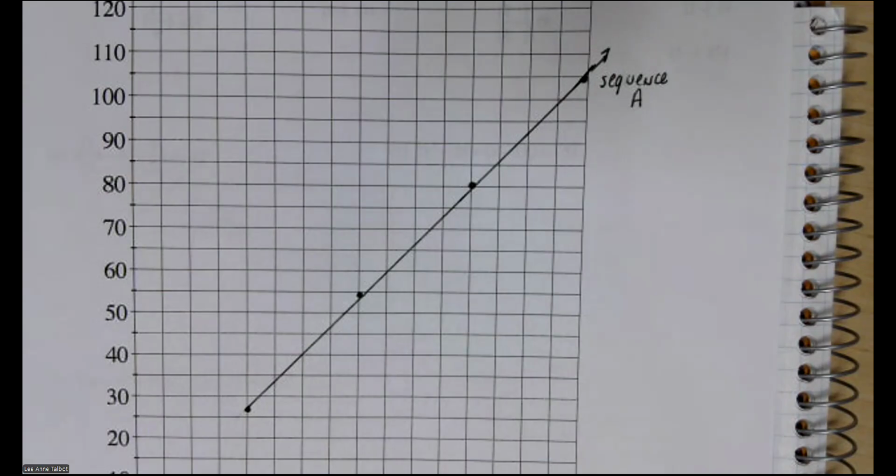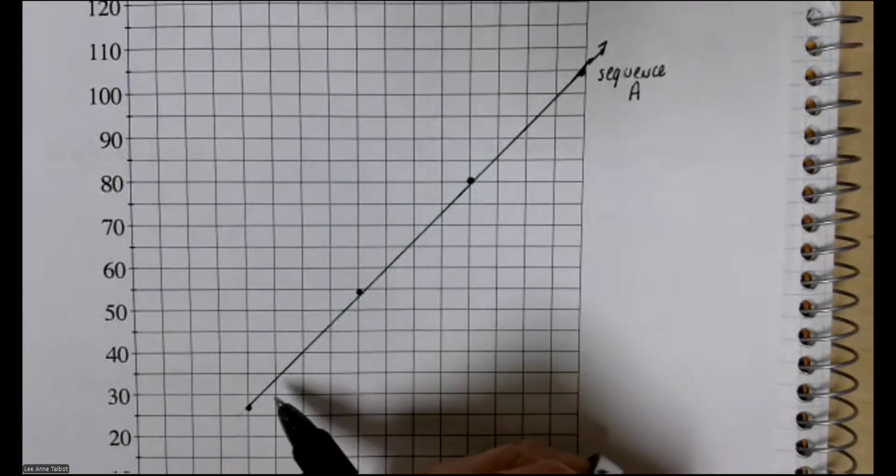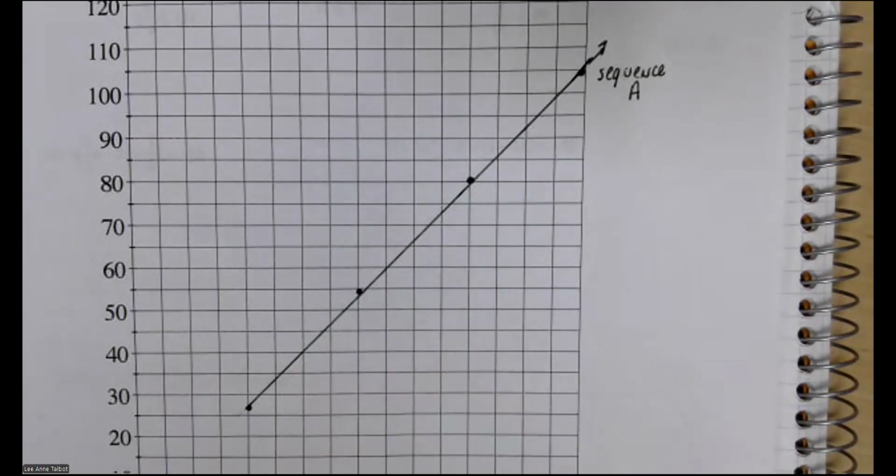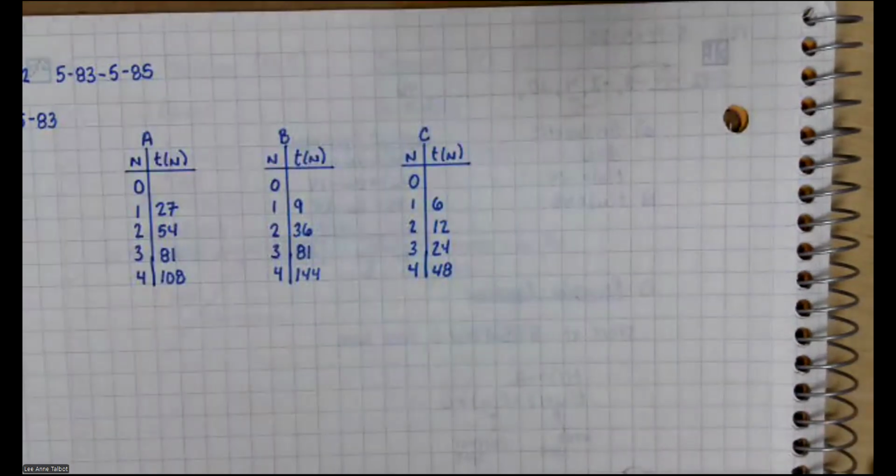First question. Is sequence A arithmetic or geometric? Arithmetic. How can you tell? There's two ways you can tell, one from the table and one from the graph. How can you tell from the graph? Linear, right? Okay.